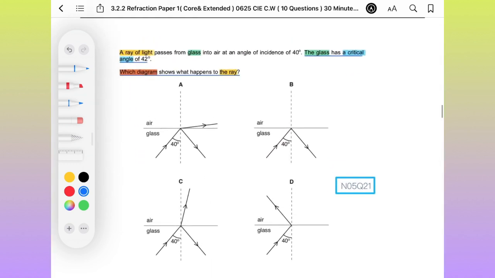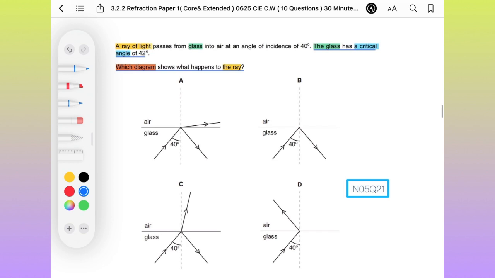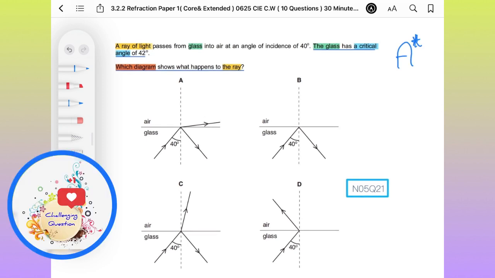Okay, let's move to question 5. Question 5 is somehow challenging. It is asking you which diagram shows what happens to the ray. So you have to check which diagram is correct: correct arrows, correct angles, correct rays, all the details in the diagram.